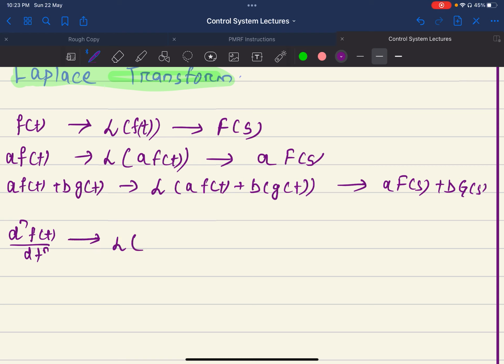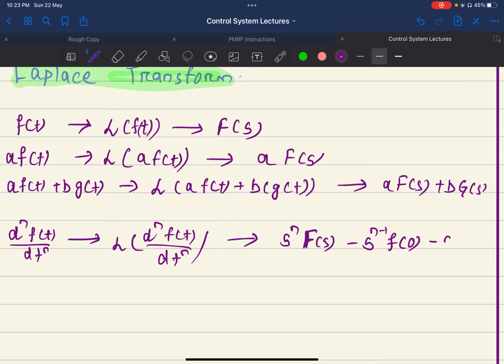The Laplace transformation of the nth derivative of f(t), d^n f(t)/dt^n, will be s^n F(s) minus s^(n-1) f(0) minus s^(n-2) d/dt of f(t) at 0, and like that, till minus d^(n-1) f(0).